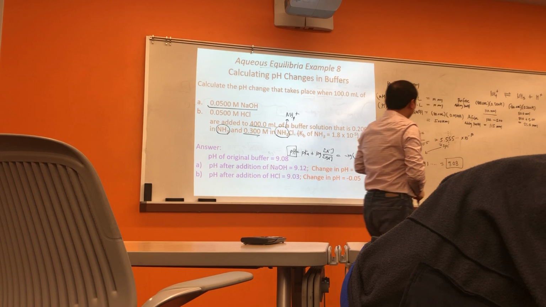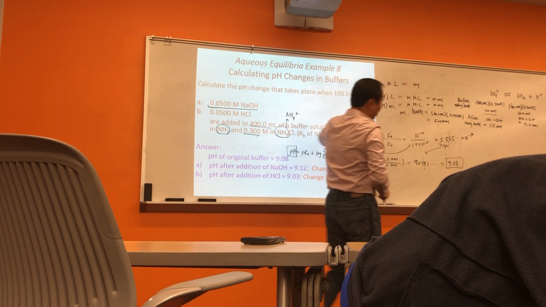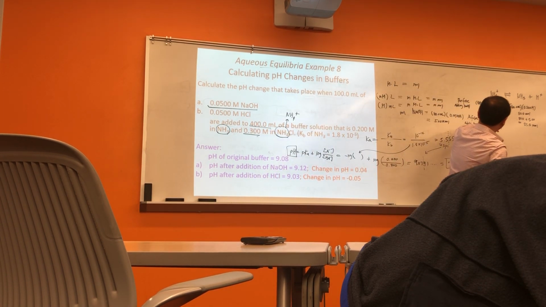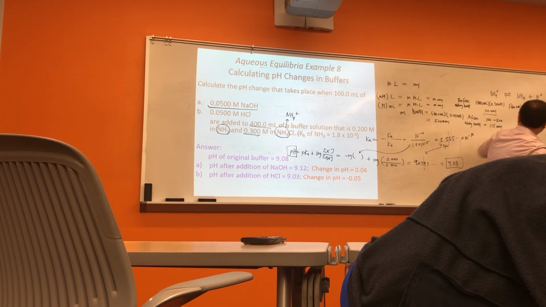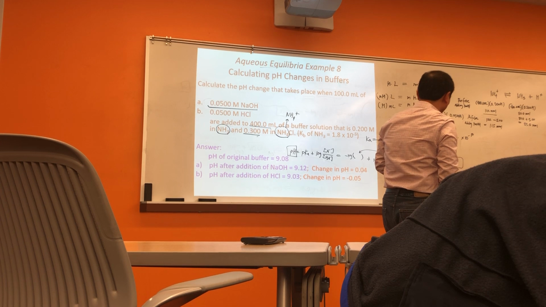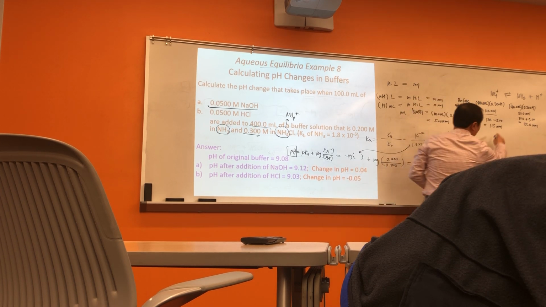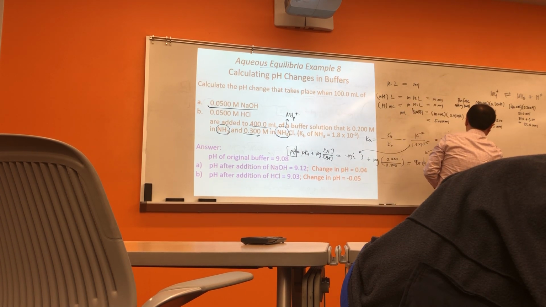So after we inject base to this system, now we have a new amount of conjugate pair. Okay? What we need is concentration. This is millimole. We need concentration.